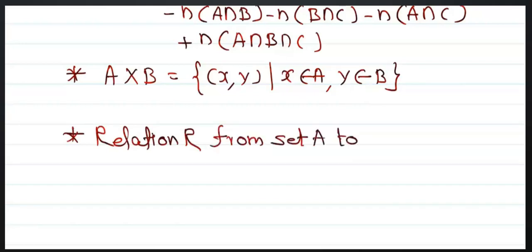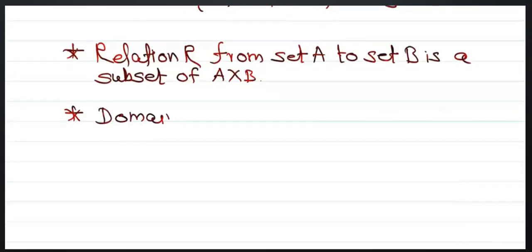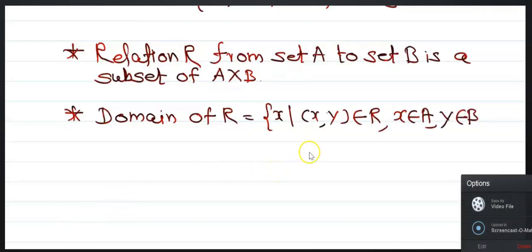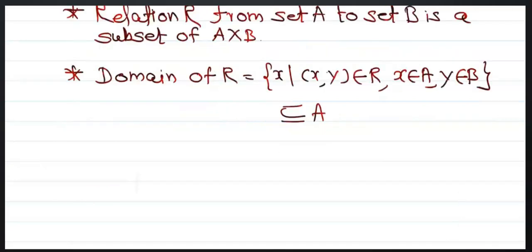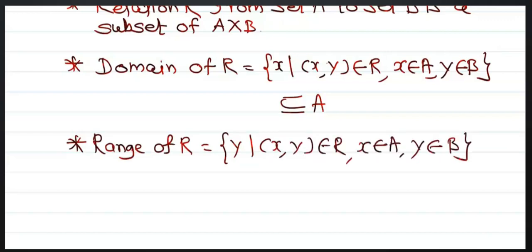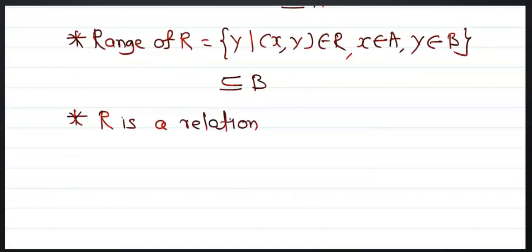A relation R from set A to set B is a subset of A cross B. Domain of R is equal to {x such that (x, y) belongs to capital R and x belongs to A, y belongs to B}, which is a subset of A. Range of R is equal to {y such that (x, y) belongs to R, x belongs to A, y belongs to B}, and it is a subset of B.